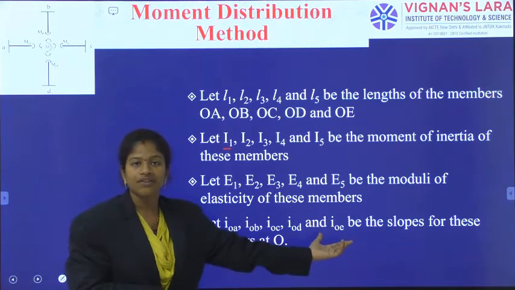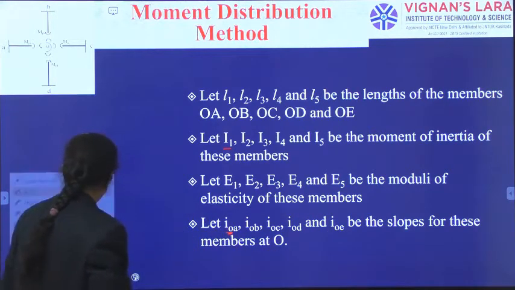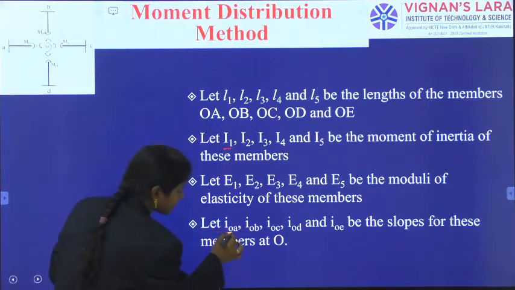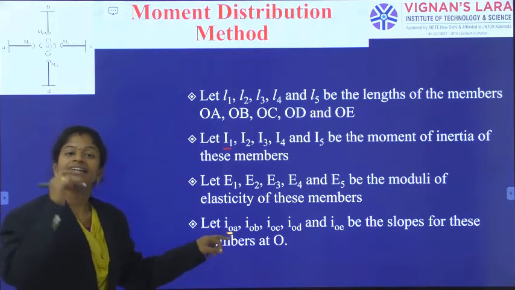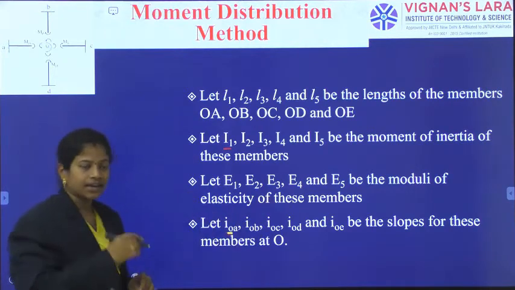In this way, we have given the slope at the O point. Why at O? Because the first subscript indicates the location, and the next one indicates the direction towards.